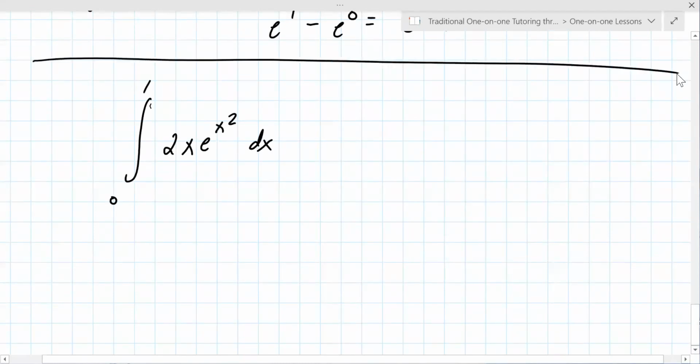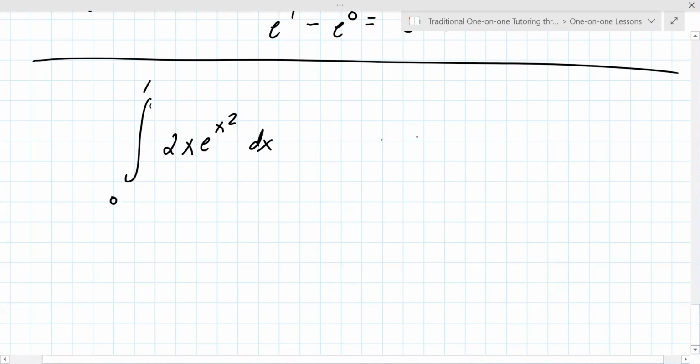Okay, so your u is x squared. Yes. Your du would be 2x dx. And then your dx is du over 2x, right?